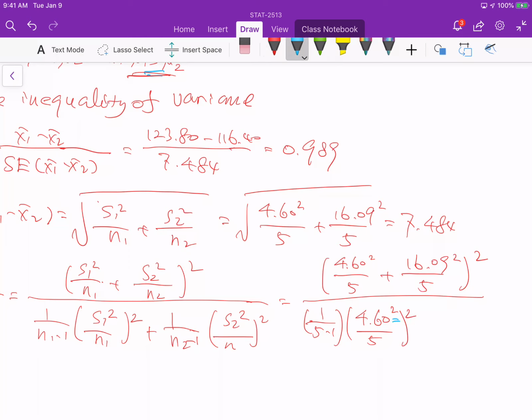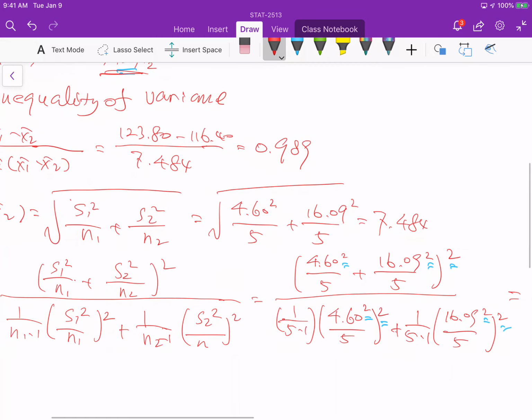Pay attention: we have a square and then another square. Then plus 1 over 5 minus 1 times 16.09 squared over 5, and then squared. Notice we have square, square, and then square. After that, you do the math and you get degrees of freedom 4.65.